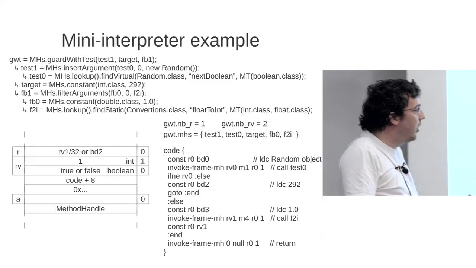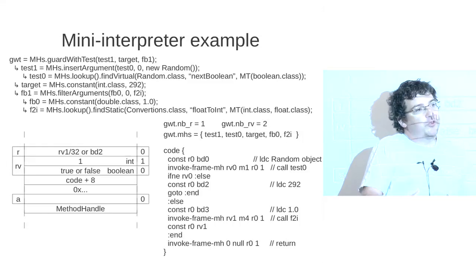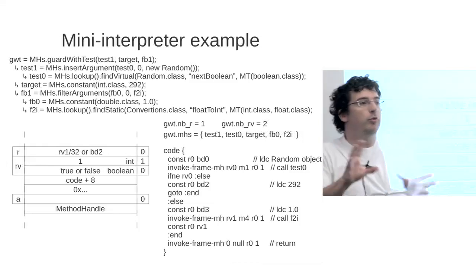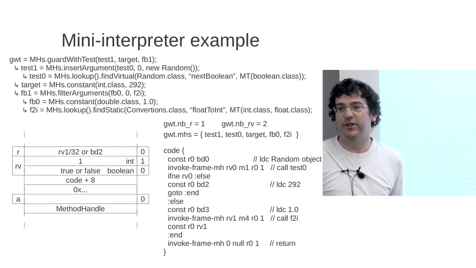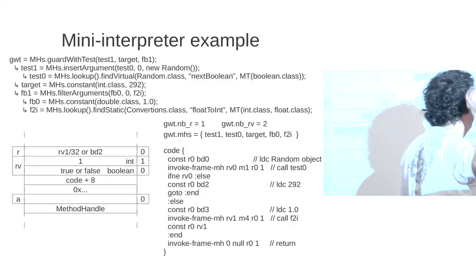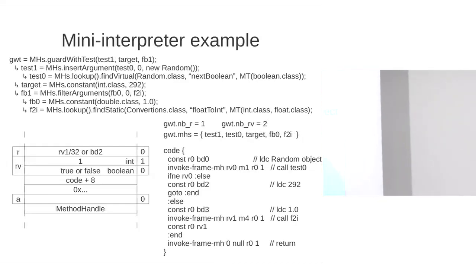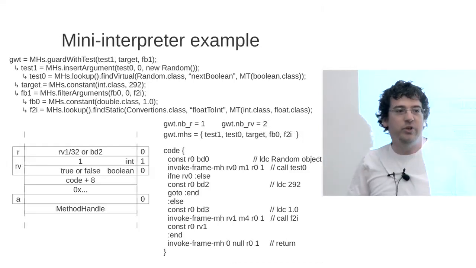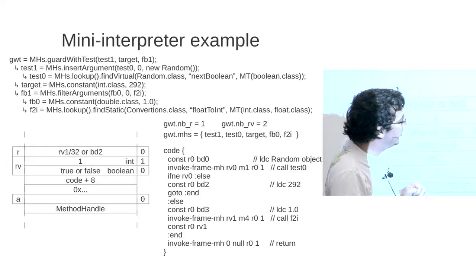Basically, this works by moving registers, and Android is a register-based interpreter, so we can reuse it. We have only one method, the invoke frame image, which is specific to our implementation.